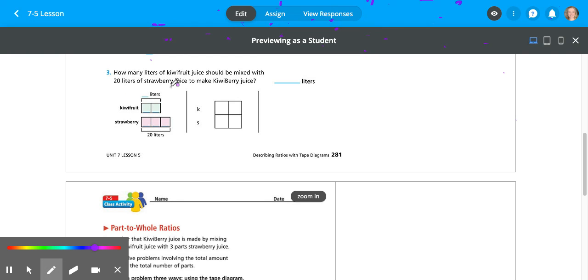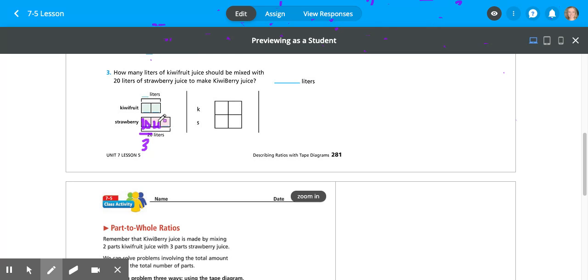So we have 20 liters of strawberry juice, and we're looking at kiwi berry juice. So we have it split up into 3 sections, but we know 20 liters is not evenly divisible by 3. So this time we can just write it as a fraction of 20 over 3.